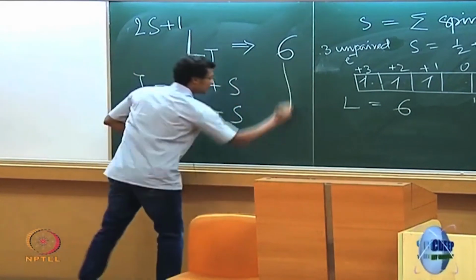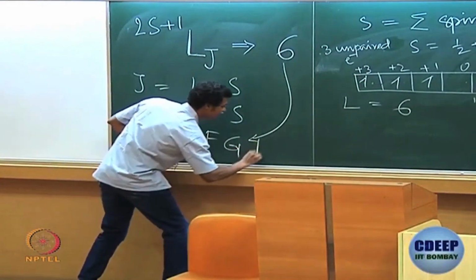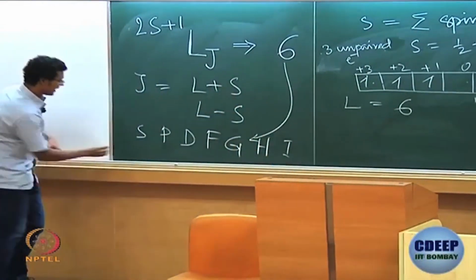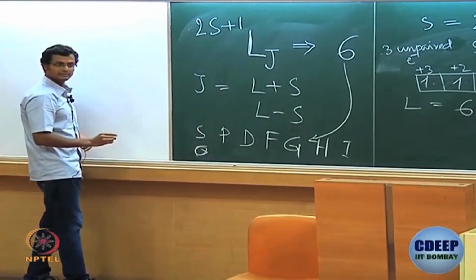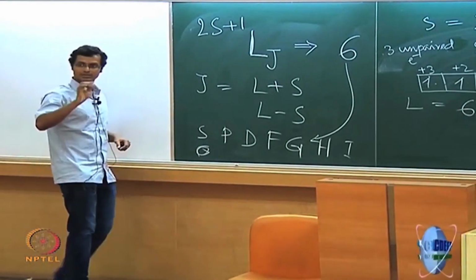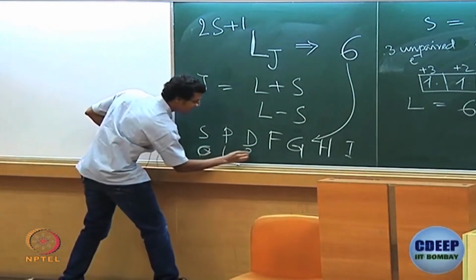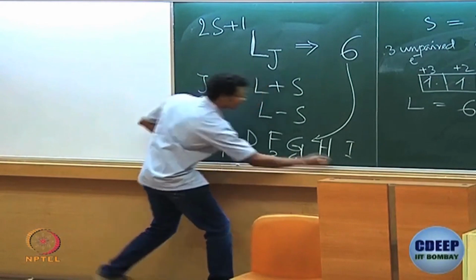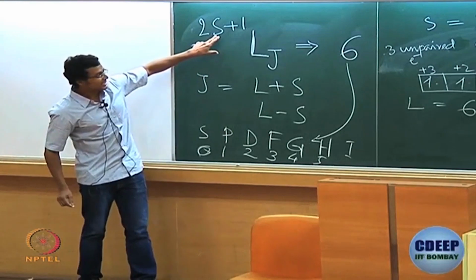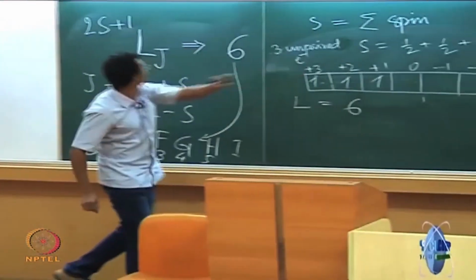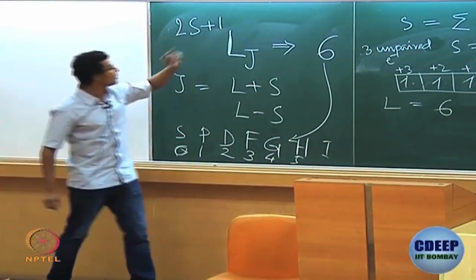Therefore, for the 3 unpaired electron case, you have L value 6. I will come back to that. You know the term symbols S, P, D, F, G, H, I and so on. If L value is 0, then that is S. If you have not studied before, you just go for this Russell-Sanders term. S, P is 1, D is 2, F is 3, 4, 5 and so on. Now this capital S, you have learned, is 3 by 2, so 2S plus 1 is going to be 4.